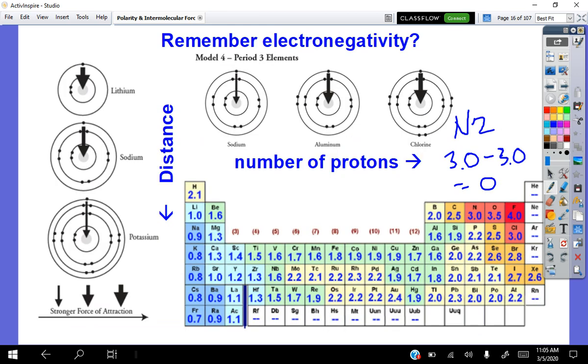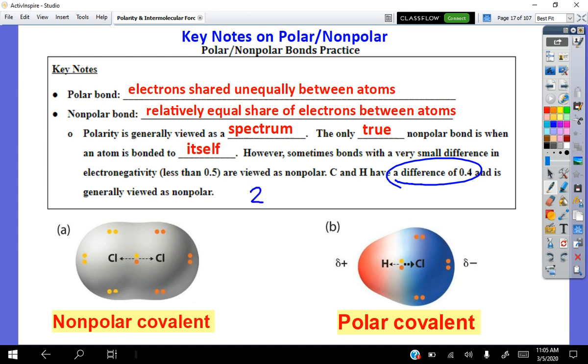If we look up the value for C, it is 2.5. If we look at the value for H, it is 2.1. If I subtract them, 2.5 minus 2.1 gives me that 0.4 value. I'm less than my 0.5, and therefore I'm considered nonpolar. Anything greater than 0.5 is considered to be polar.